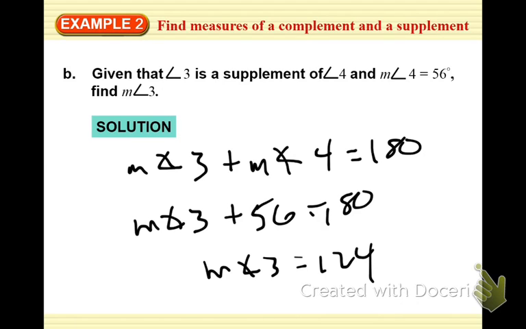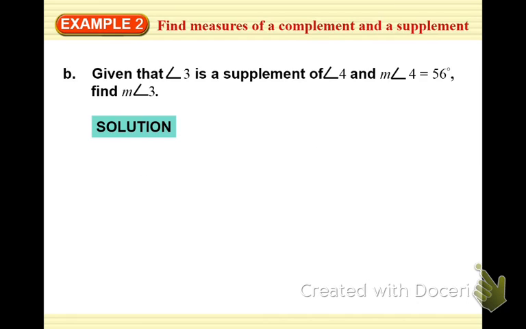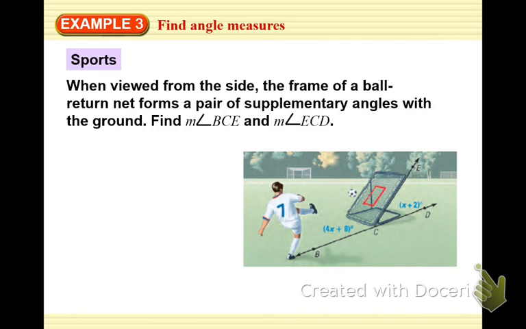And so the measure of angle 3 is 124. Okay? All right? Carrying on.